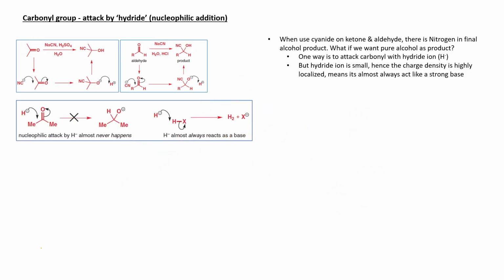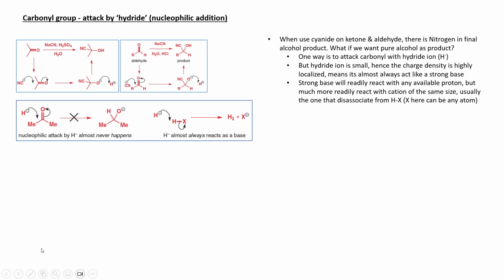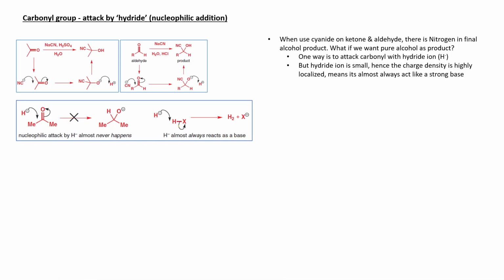Let me remove everything. Okay, so look here. This hydride ion almost always reacts with the base. Because it's so small, it readily attacks another proton. For example, this hydride ion acts as a nucleophile. It will try to find the electrophile.